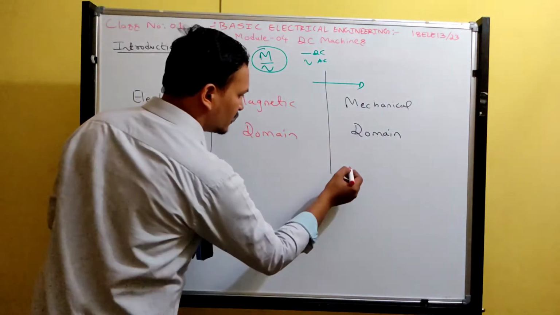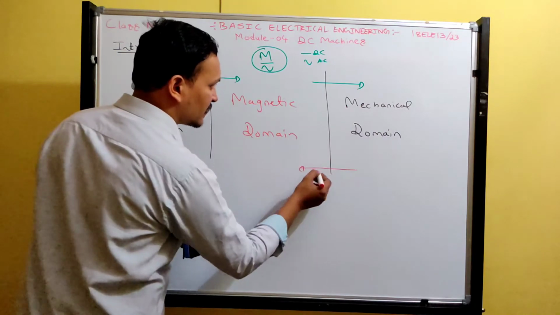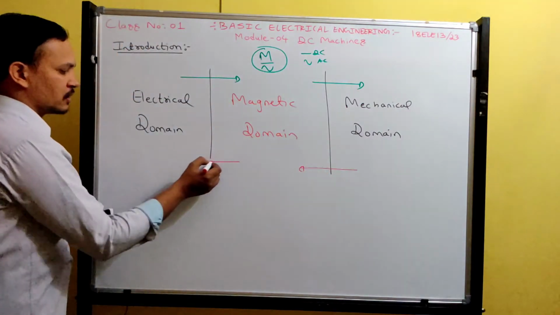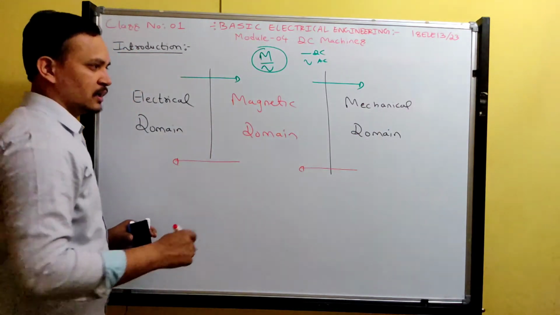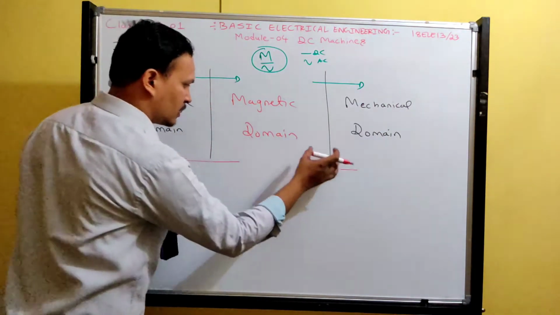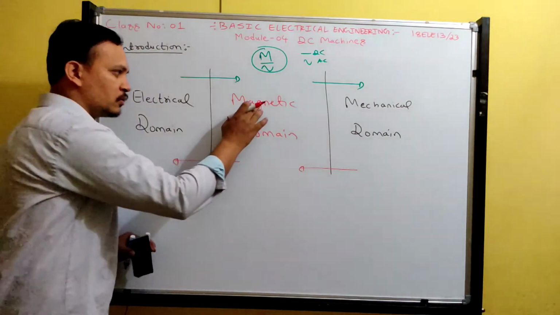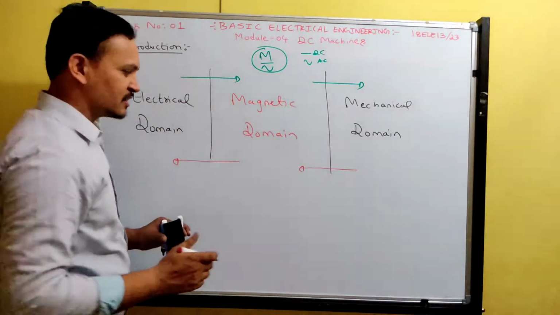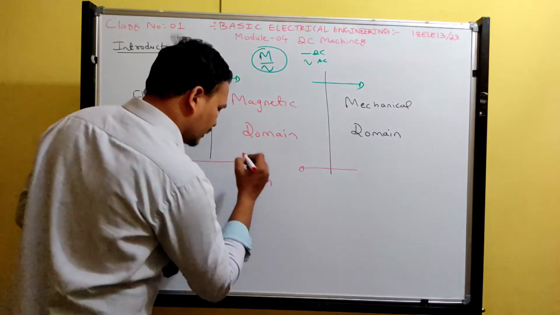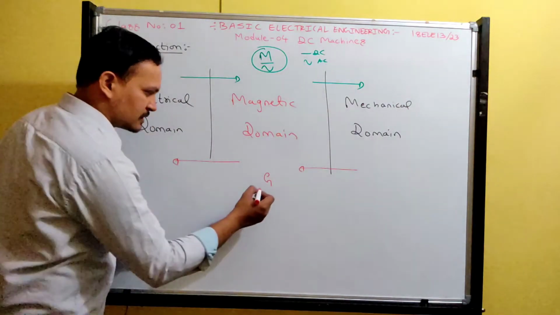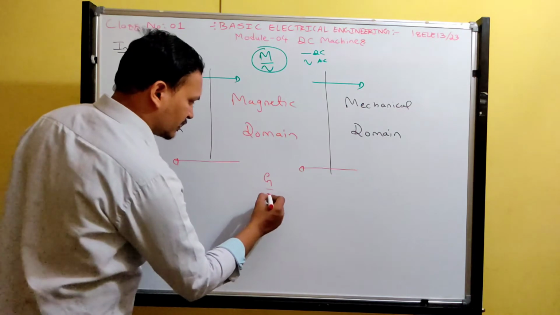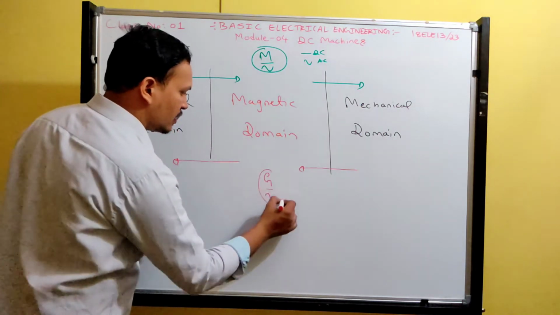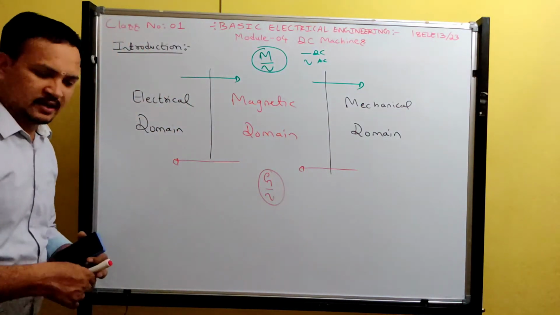Similarly, if the energy conversion takes place from mechanical domain to electrical domain through magnetic domain, then the machine is called a generator. If the domain quantities are DC, then it is a DC generator. If the domain quantities are AC, then the machine is called an AC generator.